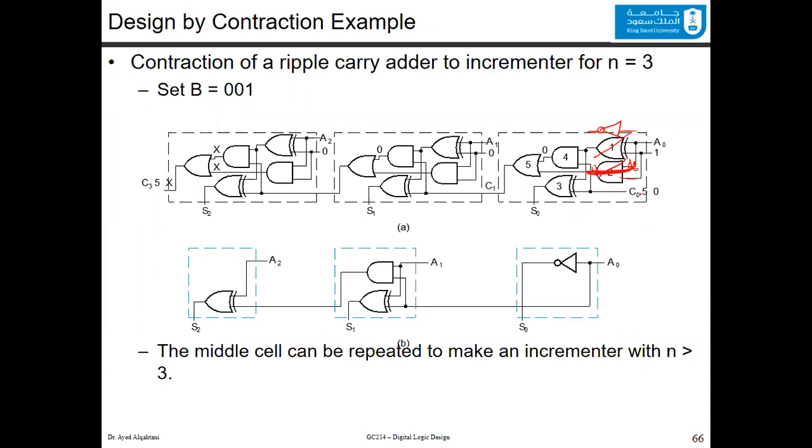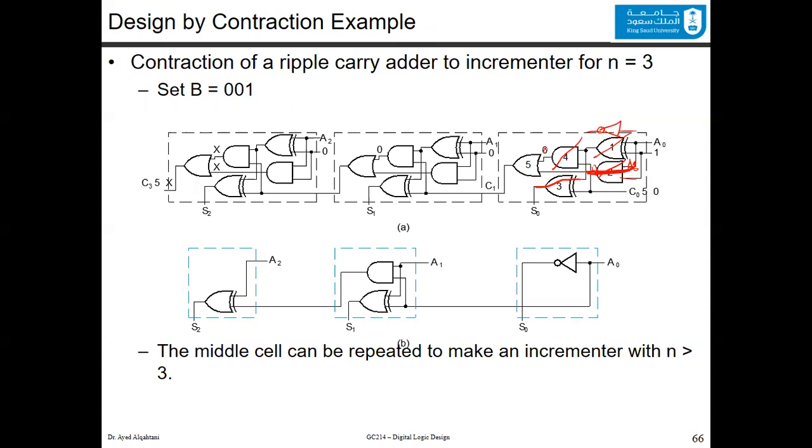Now, because you have the carry 0 right here, this 0 in the XOR indicates that this line goes directly to this line. A 0 in the AND gate here completely takes this out and generates a 0 right here, because 0 ANDed with anything is going to be 0.